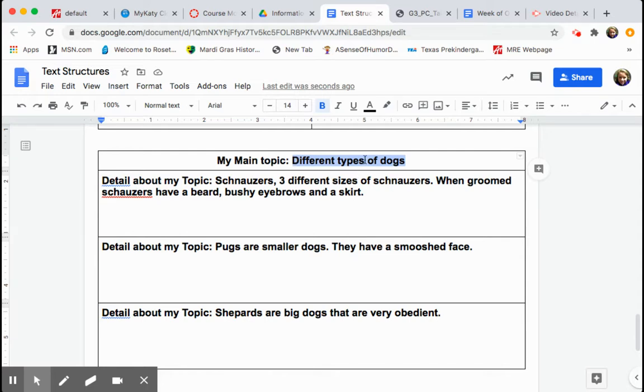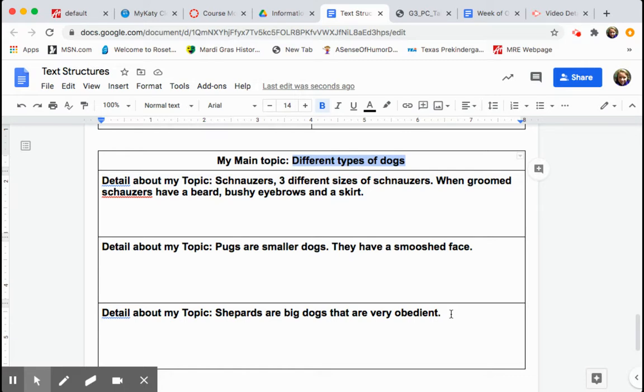If you're talking about soccer, you could tell me about offense, defense, or even break it down further and tell me there's a goalie, and I'm not an expert at soccer, but there's also someone that defends the goalie but isn't in the goal, they're out in the field. But then you also have the people that are kicking the ball and trying to score.